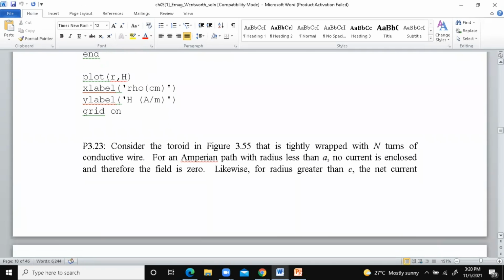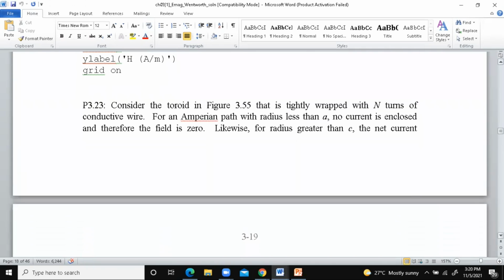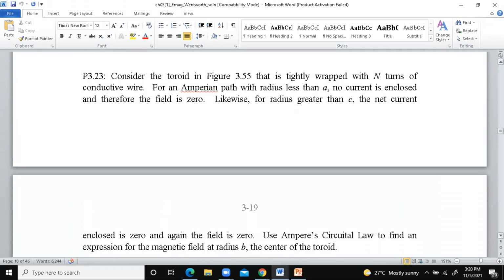I think you need the figure, because I don't have it.